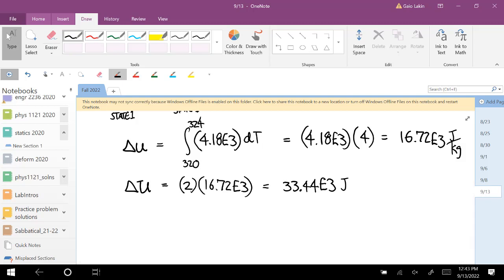So if you're dealing with a liquid without enormous changes in temperature, keep in mind that you can pretty much always calculate the change in internal energy based on just what you know about the temperature.